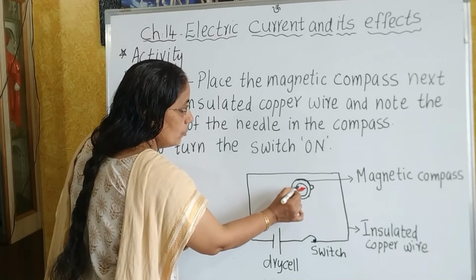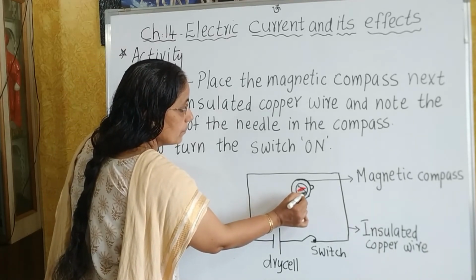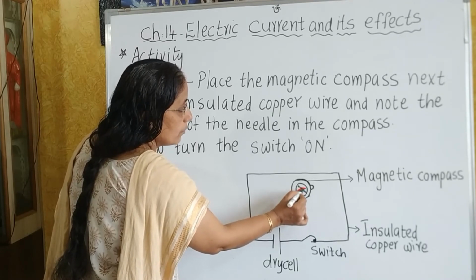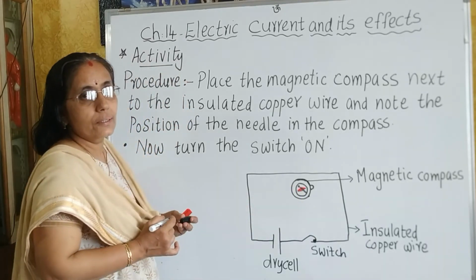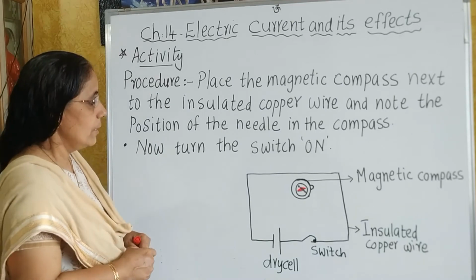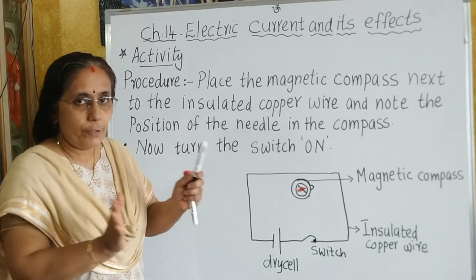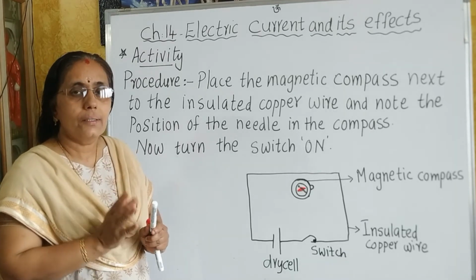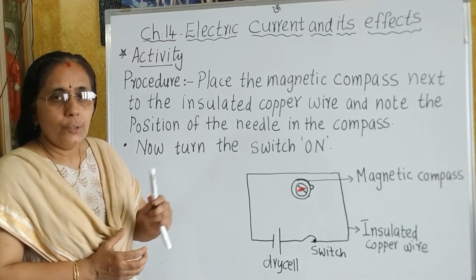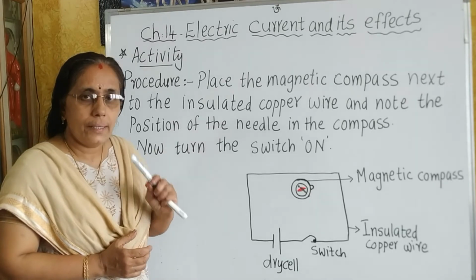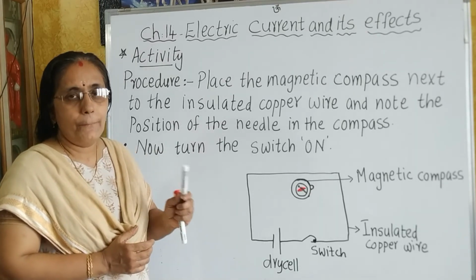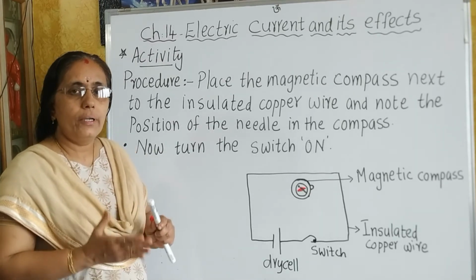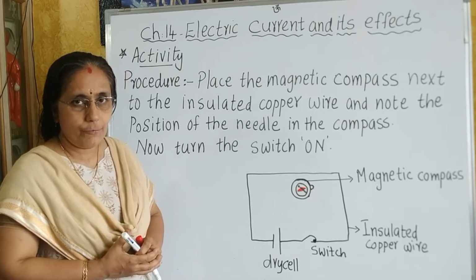That means it moves in some other direction. Here I have used black to show the difference in the direction. So the magnetic needle gets deflected. Deflected means you can clearly see a movement in the magnetic needle. You know that a magnet will either attract or repel, or there will be a movement only if there is another magnetic field.